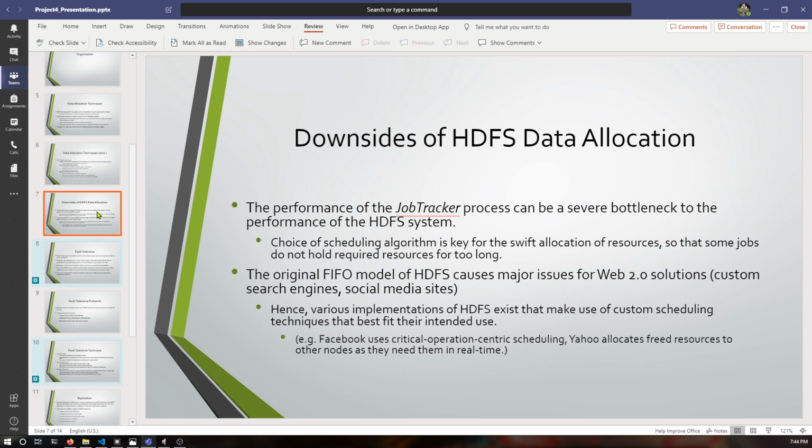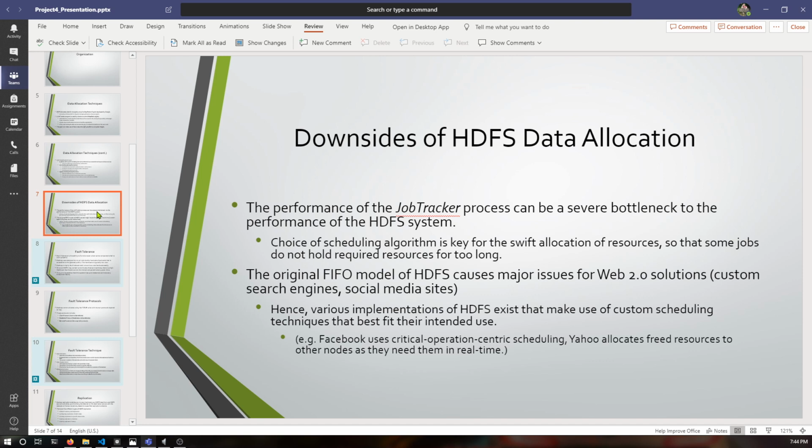The downsides of the HDFS data allocation techniques that we've discussed include the fact that the job tracker process is a severe bottleneck towards the performance of HDFS. Choice of a scheduling algorithm is key for the swift allocation of resources so that jobs don't hold the required resources for too long.